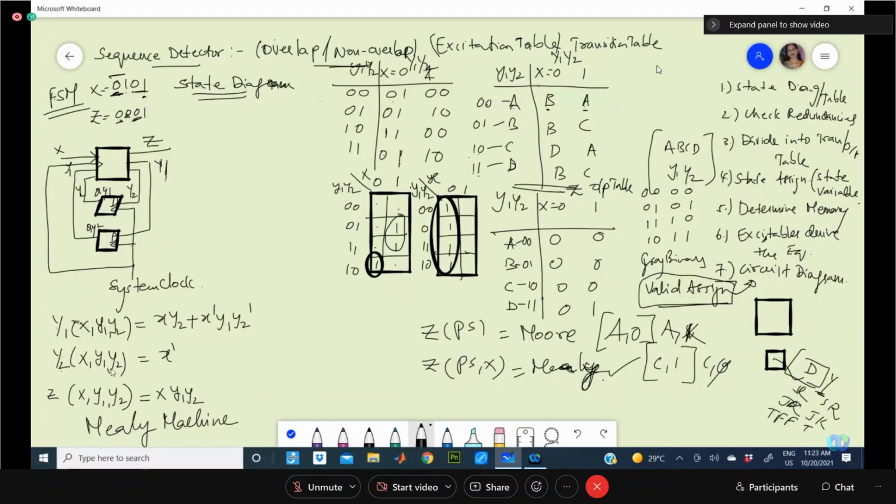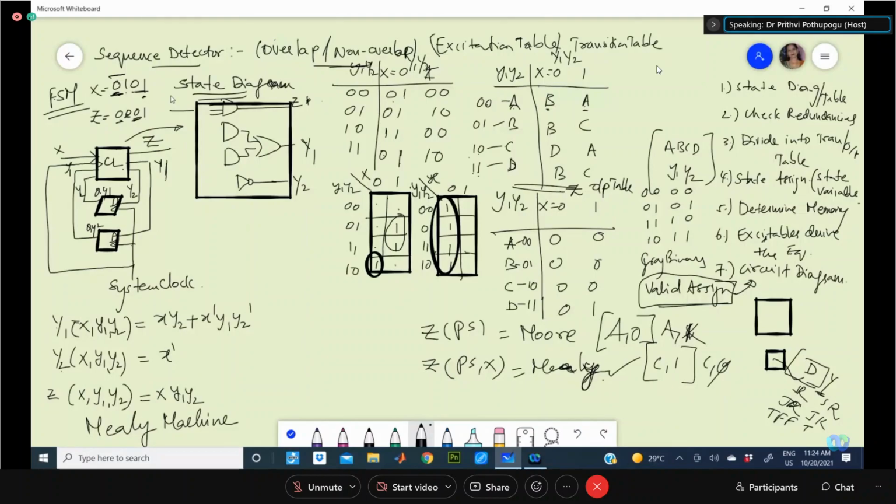So how do you implement this design? In this combinational block, we try to take the design for z in terms of x, y1, y2. That means based on the equations, this is your y2, this is y1, this is z, and this is your combinational block.